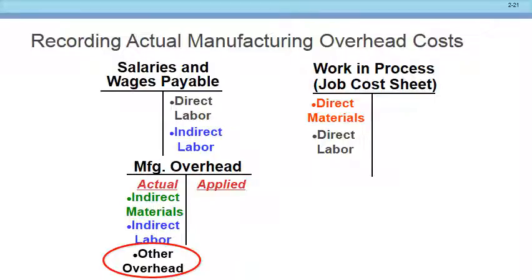As I allocate my manufacturing overhead to my work in progress that you're going to see in a minute, as I apply it is probably the better word, as I apply it to my work in progress, it will go into my work in progress inventory, to my finished goods inventory, and that won't hit the income statement until I actually sell that item, right? As what? As cost of goods sold.